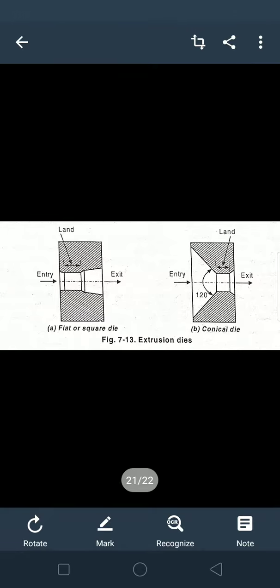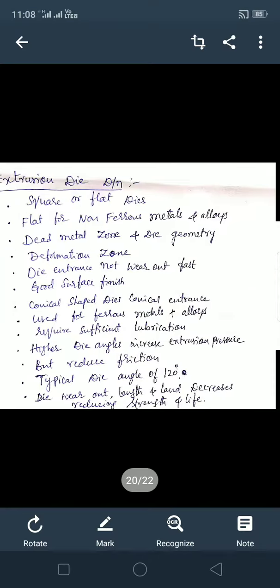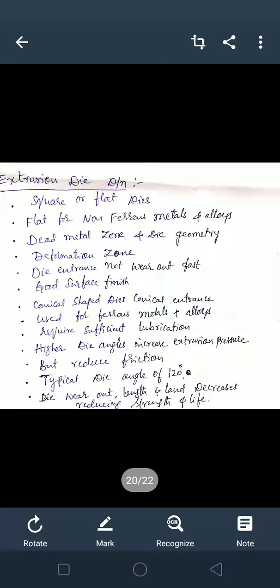In these dies, the flowing metal through the die forms a dead metal zone, which forms a die geometry in the deformation zone. Due to this, the die entrance does not wear out fast. Moreover, the dead zone gives a good surface finish on the extruded product if you use a flat or square die.